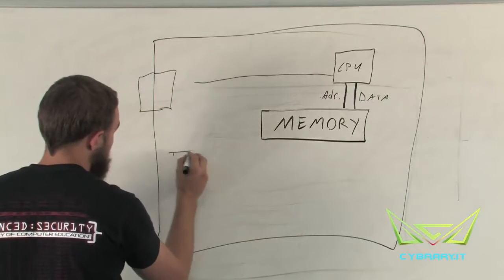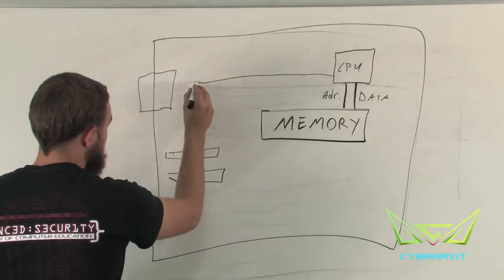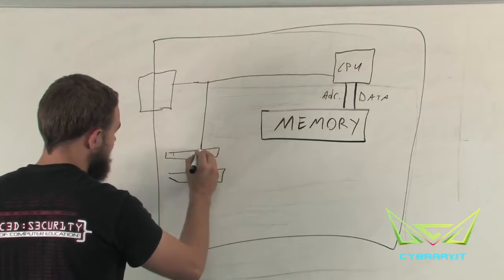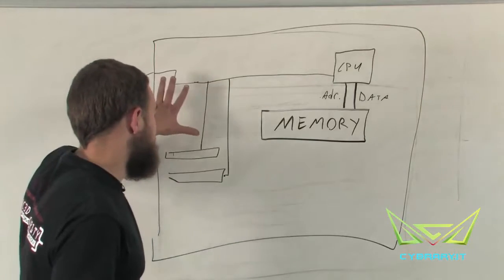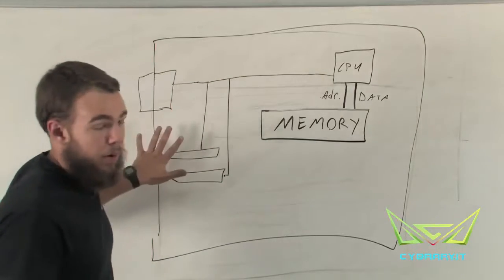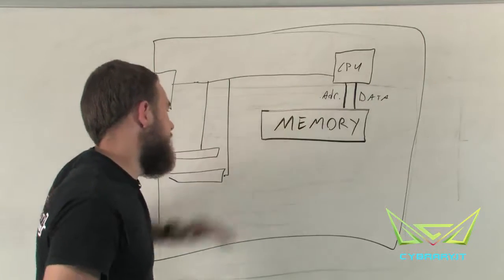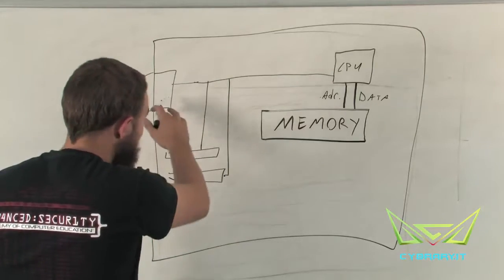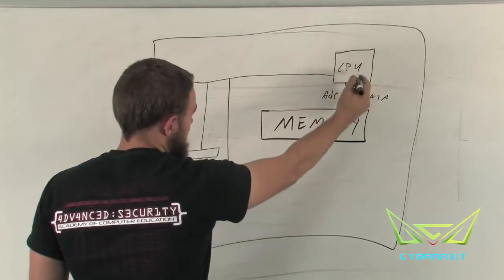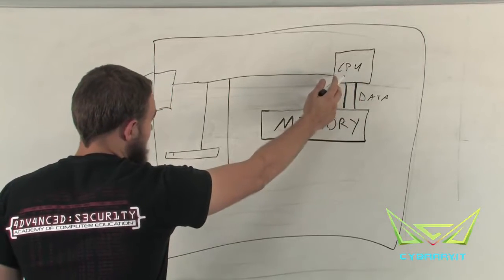And then we have our 3rd bus, which is our expansion bus. That will go out to our input-output ports and our expansion cards and allow our computer to talk to our peripheral components. So using those 3 basic buses, our computer can get information in and send that information to the CPU to start calculating.